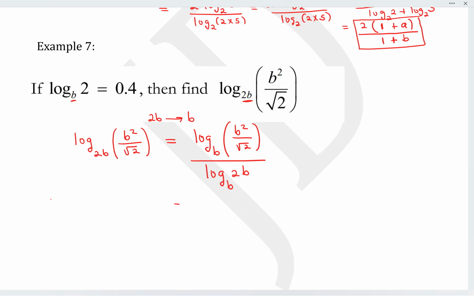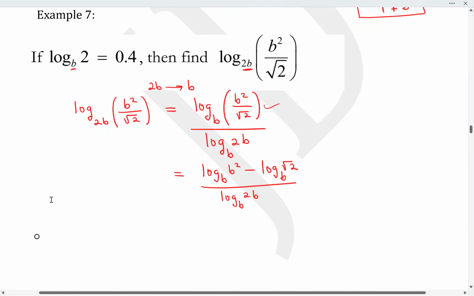So now we just need to simplify. This now we can write as log to base b of b squared minus log to base b of root 2. So now we are changing division to subtraction over, this will still be log to base b of 2b, right?